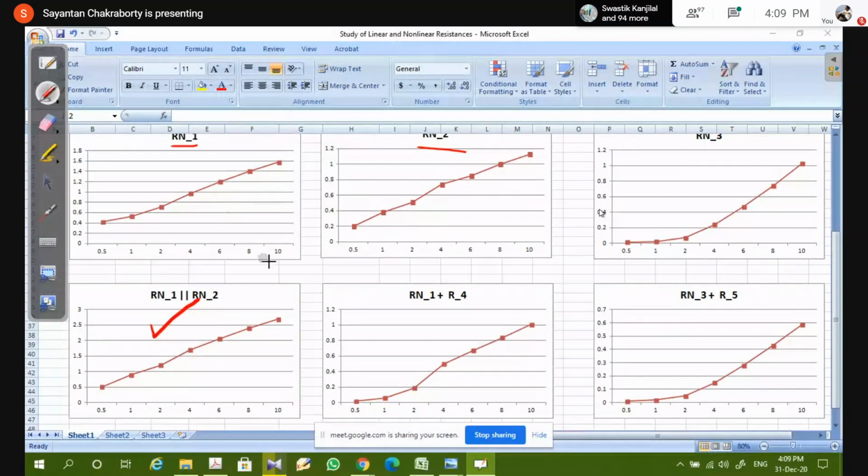Now, RN1 connected in series with a linear resistance, you'll get a curve like this. RN3, this one, connected in series with a linear resistance, you'll get a curve like this.